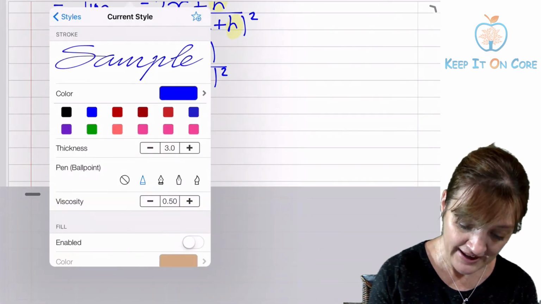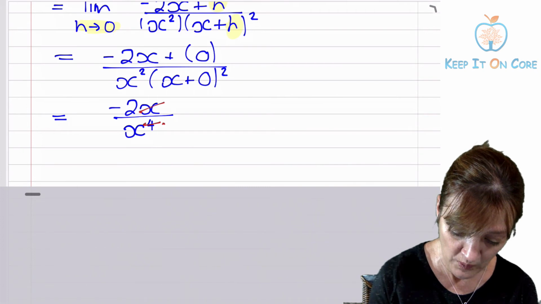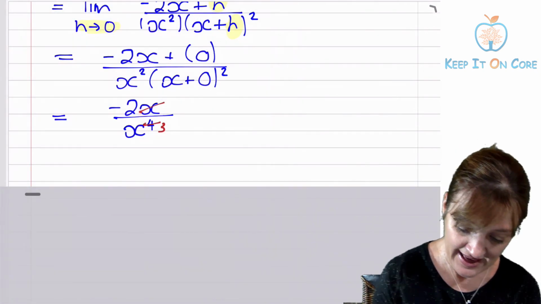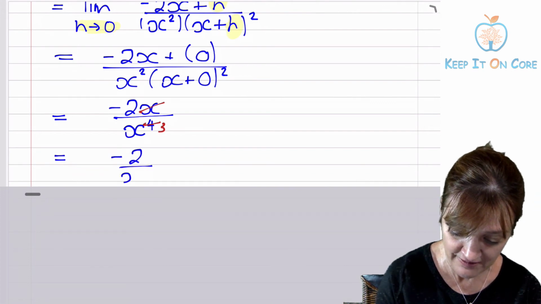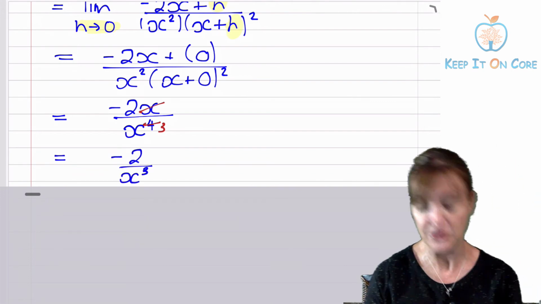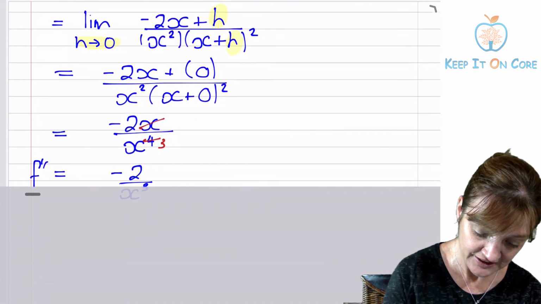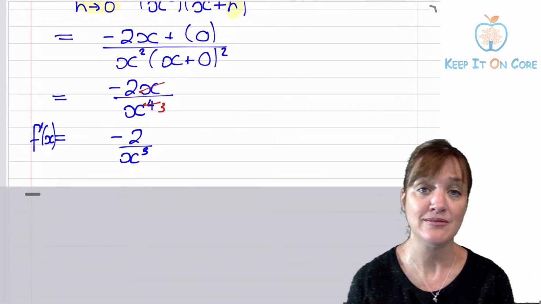And there's one final thing I can do over here, and that is that my x at the top will cancel with one of the x's at the bottom, leaving me with an x cubed. And therefore we have got negative 2 over x cubed as my derivative. And remember, your notation for derivative is your f prime x.